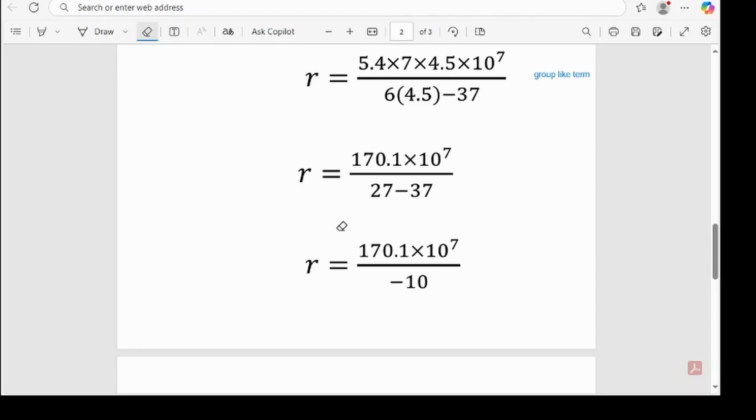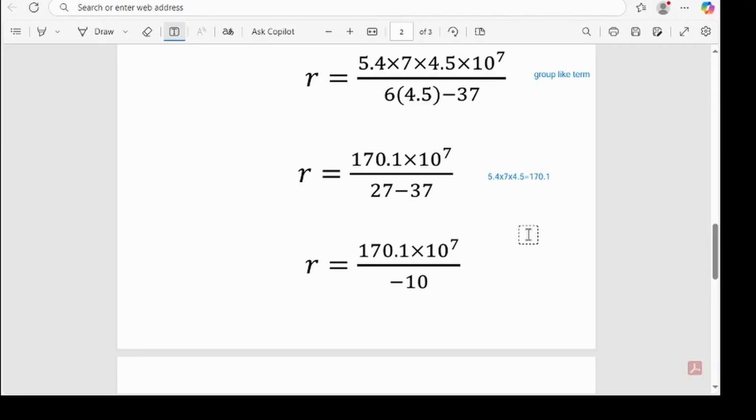So let's calculate for the values. Okay, so 5.4 multiplying 7 multiplying again 4.5 would give you 170.1 as your final answer.